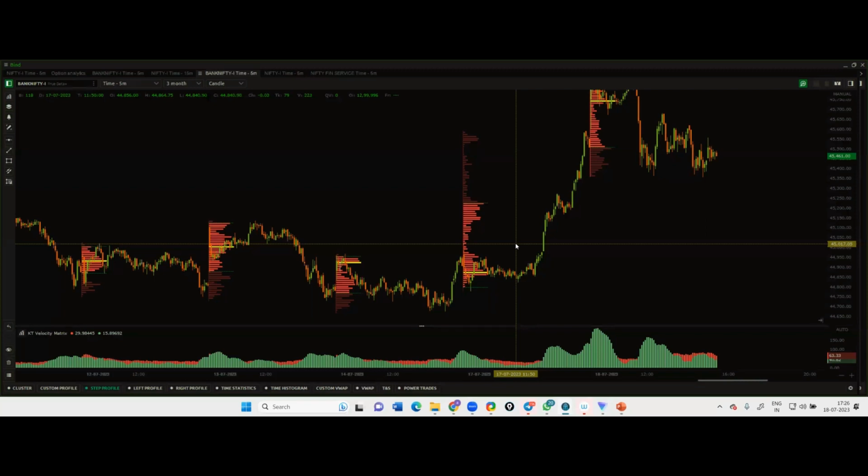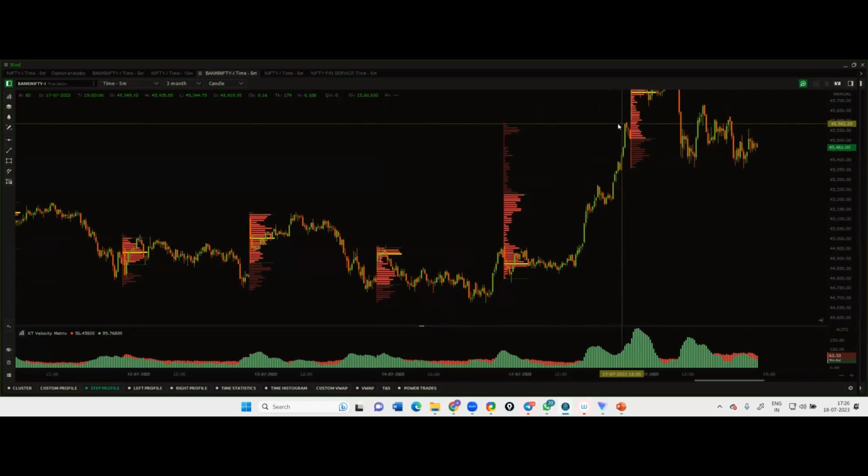One simple example is your relationship between 14th and 17th. When you see that the closing of the price and value area are at the same end, at the same extreme.